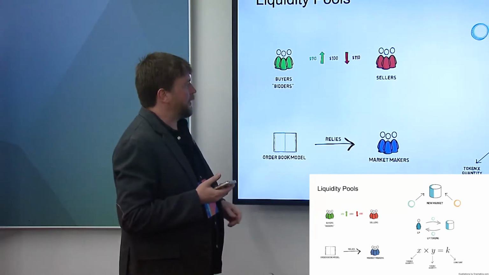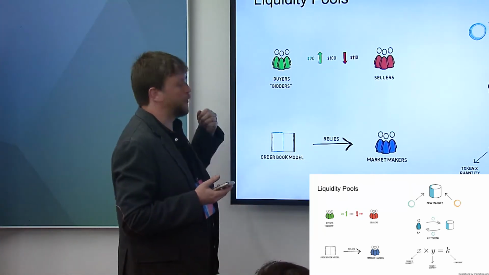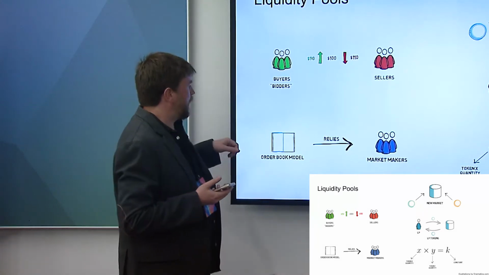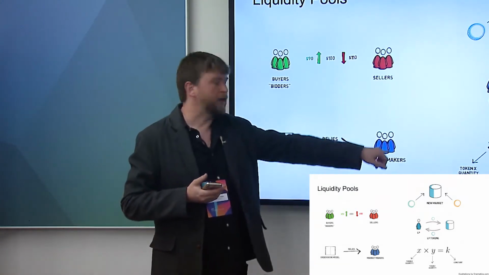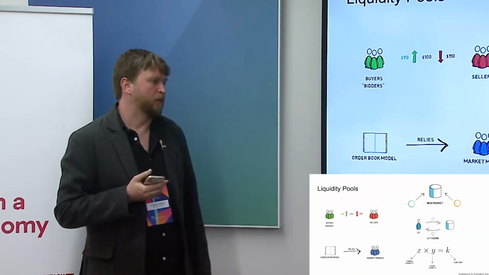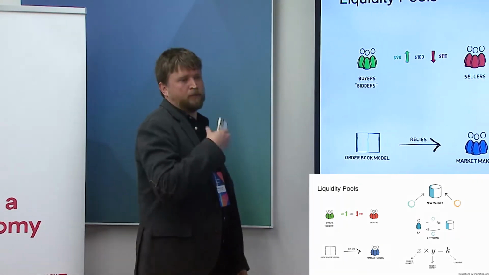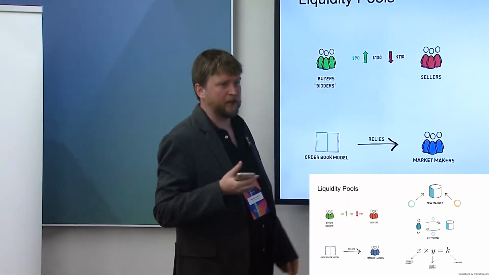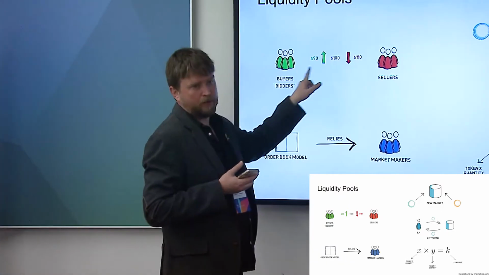And the thing that works for traditional and centralized exchanges is there are those special guys called market makers. Those guys are actually willing to sell and buy at whatever the price is in between those two.